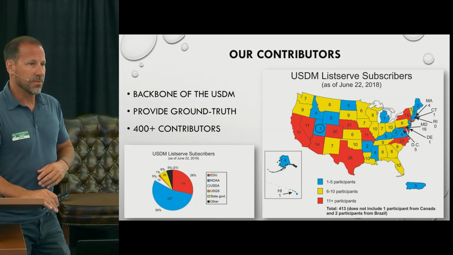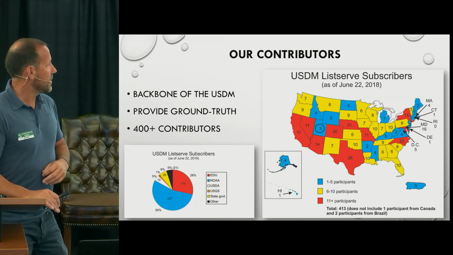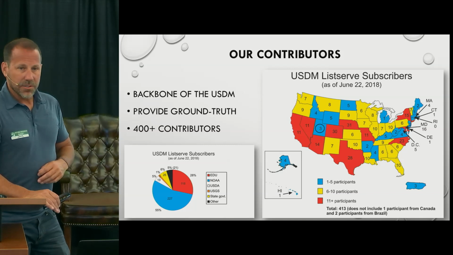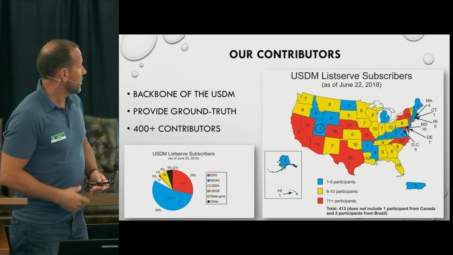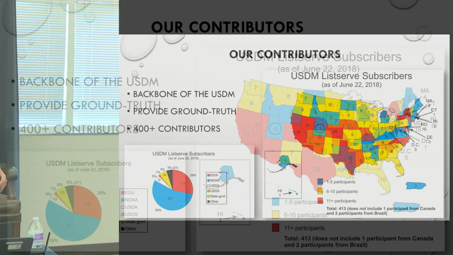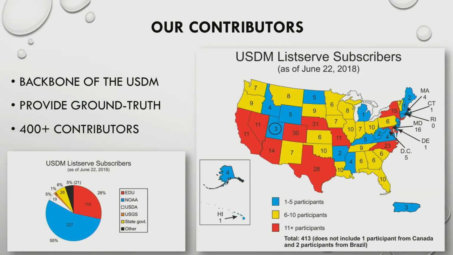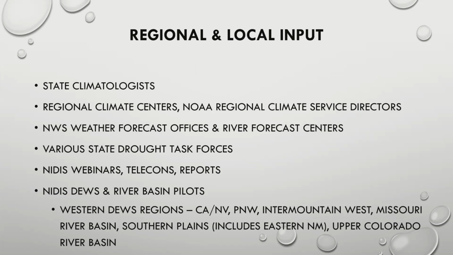So we'd like to improve the communications and know more about what's going on in those areas. And our contributors, they provide our ground truth to the data. So our regional and local input, we get a lot of input from the state climatologists from around the country, regional climate centers, where I work at the Western Regional Climate Center.